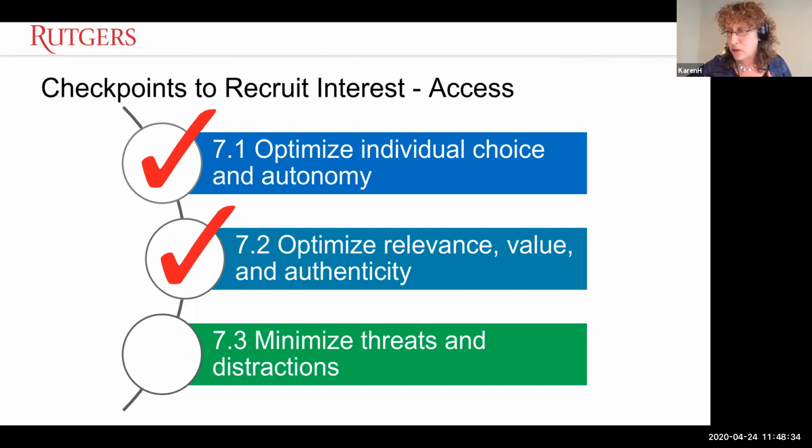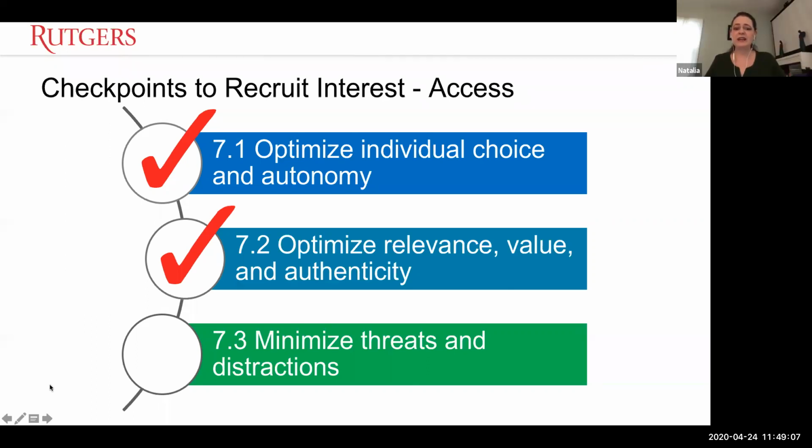So for this particular checkpoint, we want to connect learning to experiences that are both meaningful and individually valuable. This does not necessarily mean that the situation has to be equivalent to real life, but it does have to be relevant and authentic to the learner's individual goals and their interests. And more importantly, it also needs to be aligned with instructional goals.